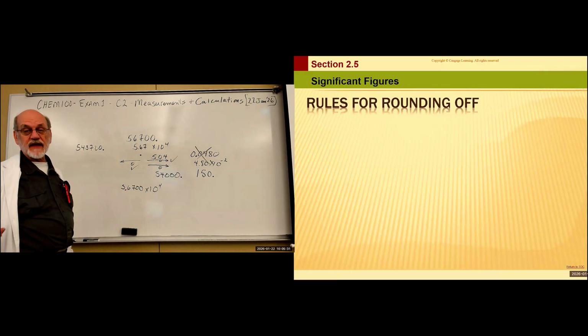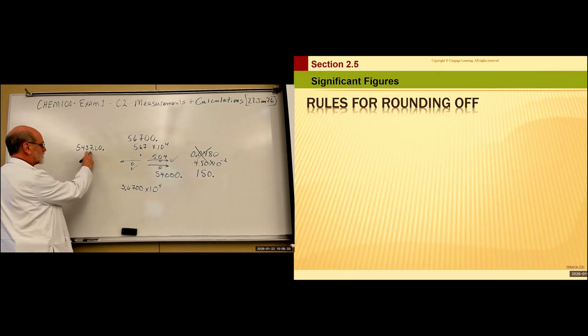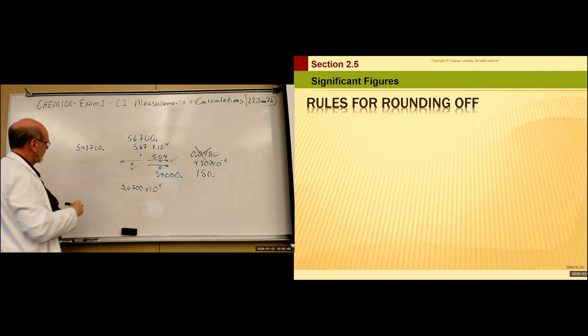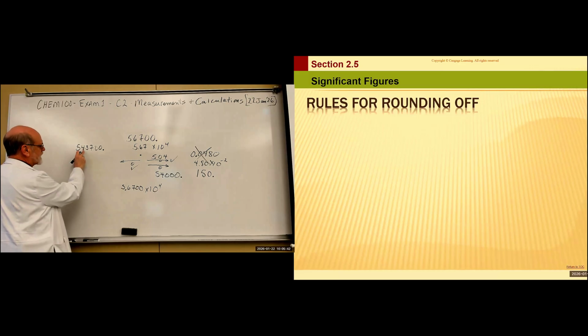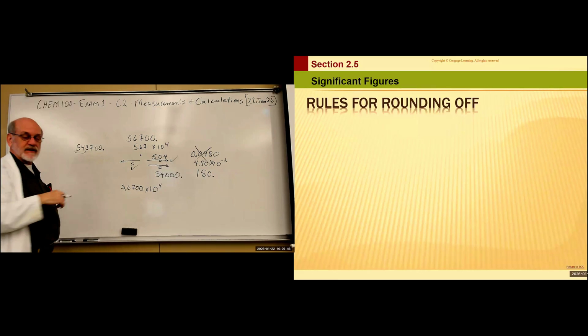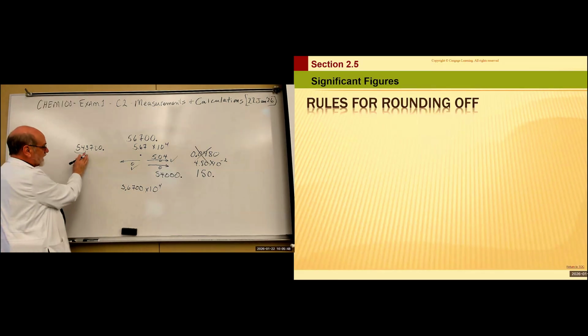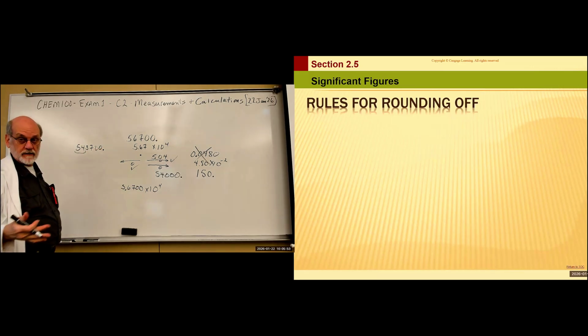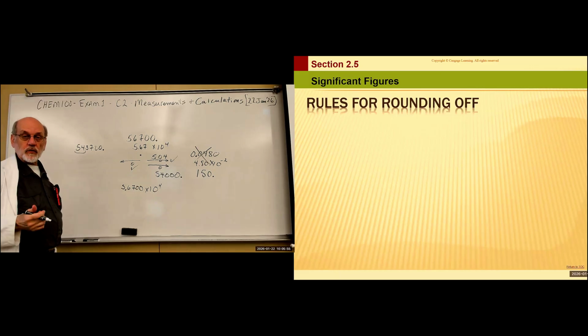How about the 10,000th position? Ones, tens, hundreds, thousands, 10,000. Right here. I need to round it to that position. Well, actually, I want to keep this number. I want to keep these two. But I need to know what effect this part of the number has on that number when I do my rounding. So we're going to use the rule.